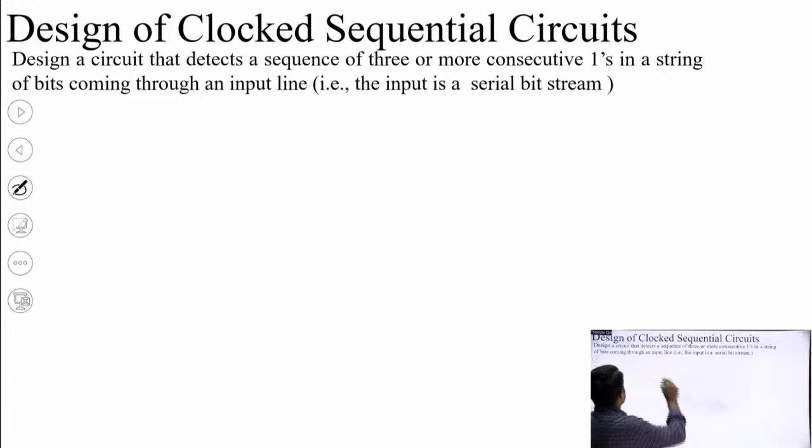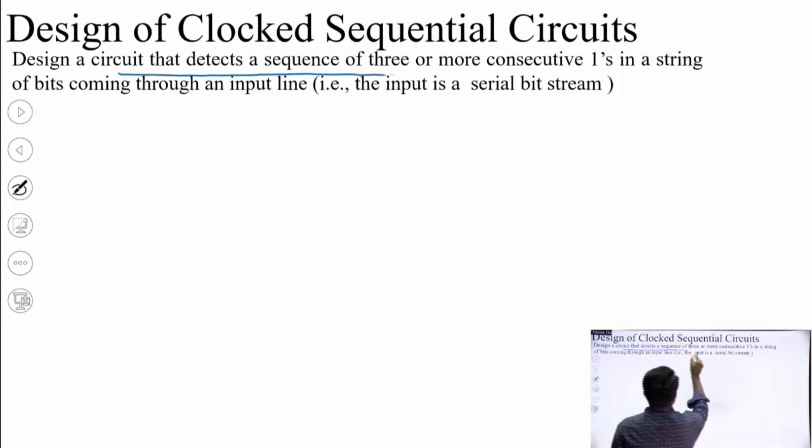Design a circuit that detects a sequence of 3 or more consecutive ones. That means we are going to prepare a circuit where, if it detects the first one, it will not respond, second one it will not respond, but as soon as 3 consecutive ones are fed to the input, the circuit will recognize that the desired operation has happened.